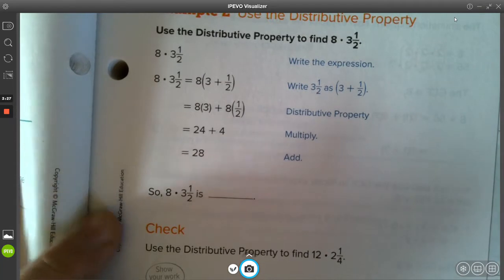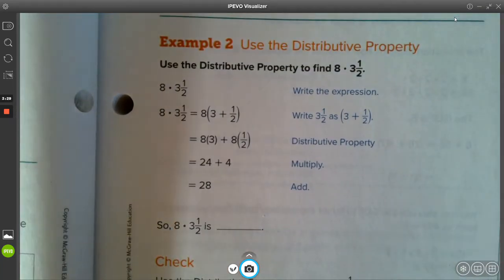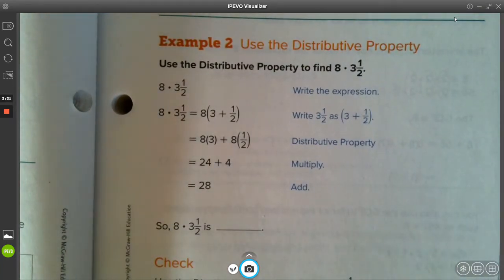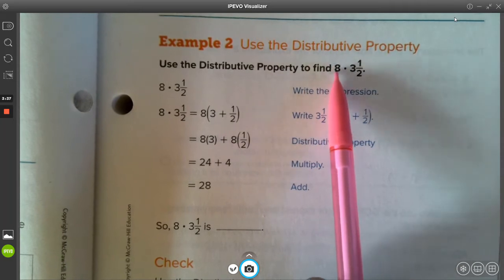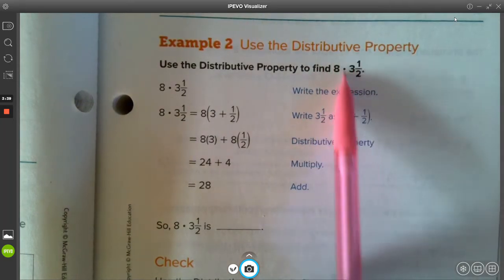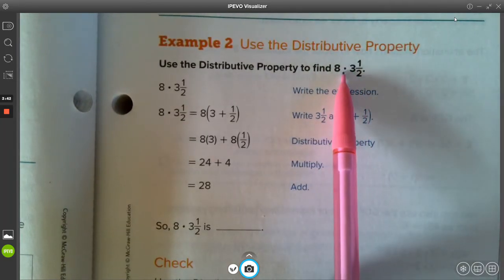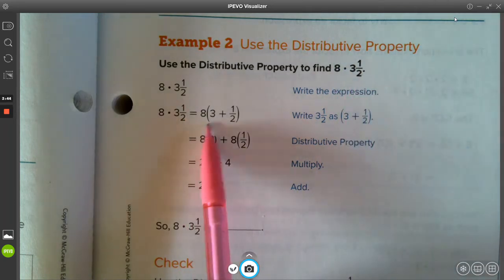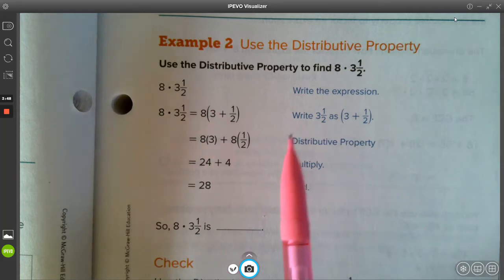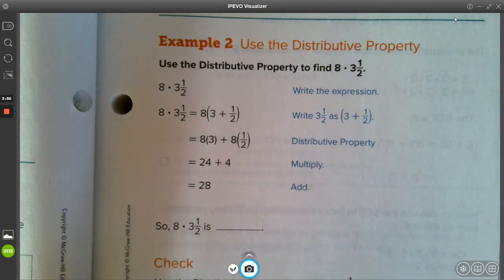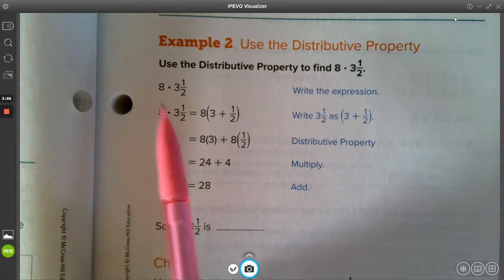All right, so let's use this distributive property to find 8 times 3 1/2. Now, the distributive property is really great when we're working with problems with mixed numbers, because what it says is we can break 3 1/2 into 3 plus 1/2. This allows us to use mental math to solve multiplication problems using mixed numbers.